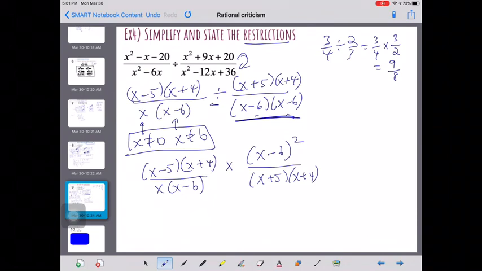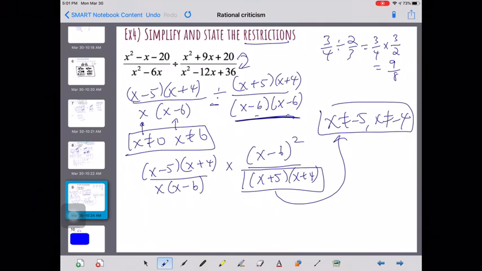Before we simplify things, we have a brand new denominator. We need to address the denominator for this reciprocal. In this case, x cannot equal negative 5, and x cannot equal negative 4. I'll put a box around here. So we actually have 4 restrictions: 1, 2, 3, and 4.